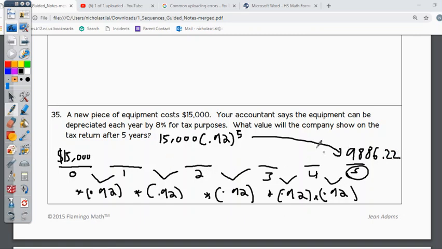Notice, if you have a good conceptual understanding of exponential growth and decay functions, you actually have a pretty good understanding of geometric sequences. This could easily be an exponential decay problem.